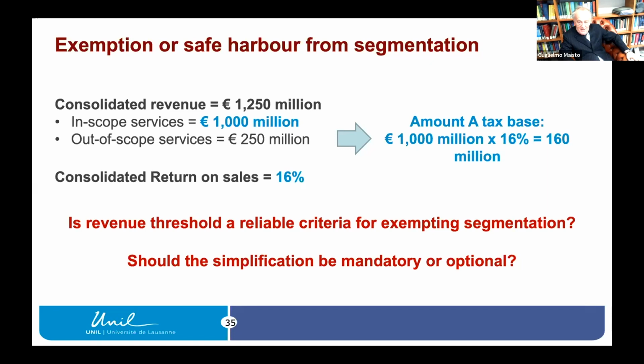So many stakeholders and commentators said, why not have that as an option for the groups to opt for, to step out from the simplified mechanism when it makes it such that the result will be a distorted result because of a relevant difference in rate of return on sales on in-scope and out-of-scope revenue.